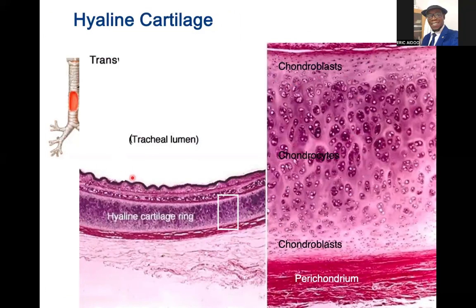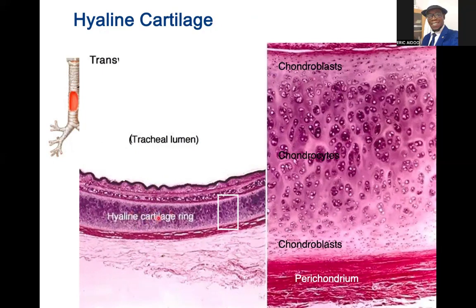So in the trachea, which is a very typical example or site for hyaline cartilage, that is the lumen of the trachea, and that is the lining epithelium of the trachea. So we are making our way from the lining all the way towards the periphery. So you end up having this hyaline cartilage ring.